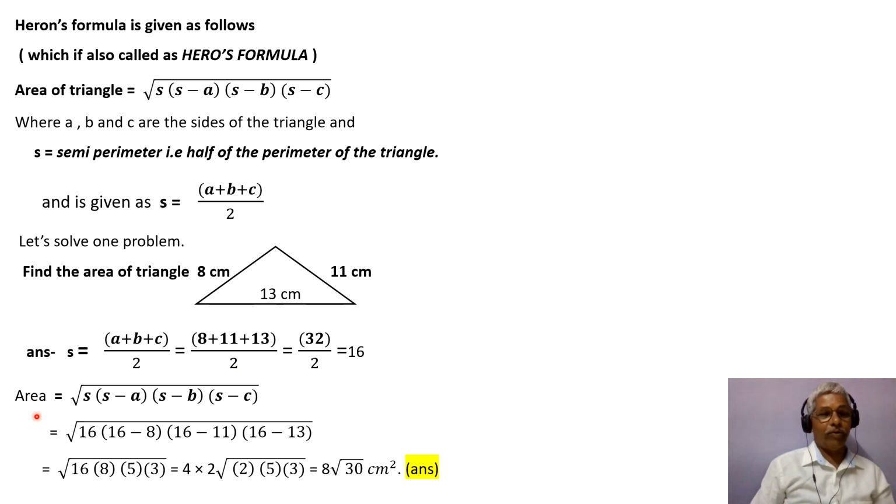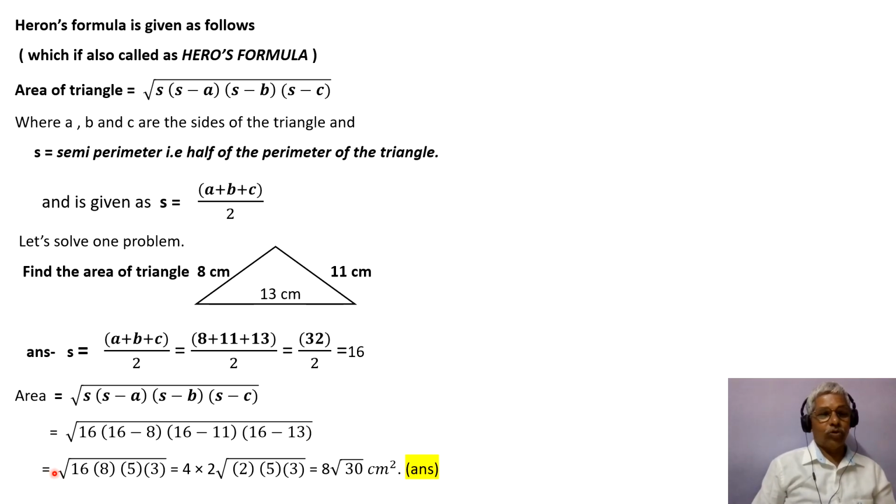Now area is under root s into (s minus a) into (s minus b) into (s minus c). So that equals under root, this s is 16, into (16 minus 8), (16 minus 11), (16 minus 13). All these are in multiplication.